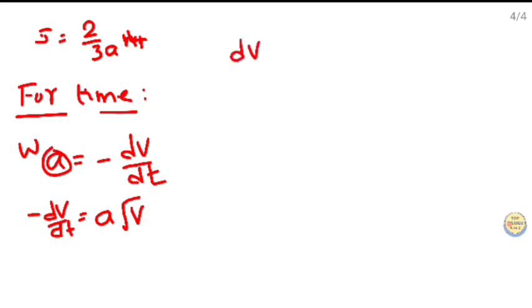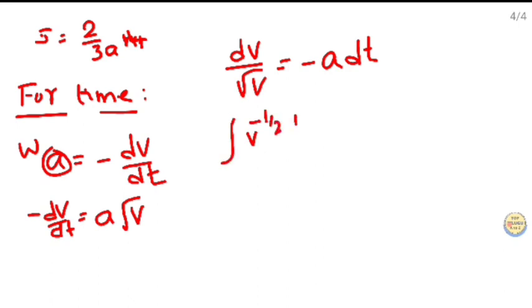So dv by root v is equal to minus a into dt. Integrate on both sides. So v power minus 1 by 2, integration dv, a is the constant, integration dt. So limits v is equal to 1, v is equal to 0. Initial velocity, final velocity 0 for a deceleration.